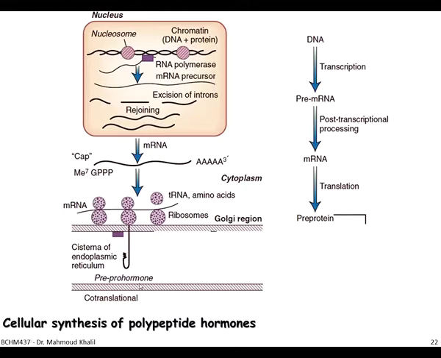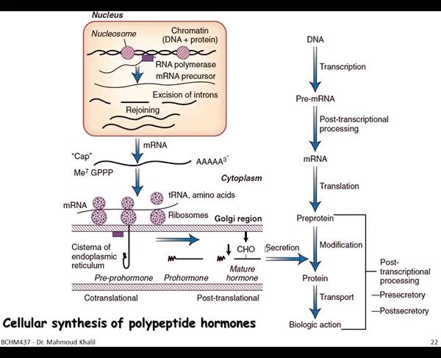It is still a non-functional hormone, and it needs to be processed in order to become functional. Inside the endoplasmic reticulum, it is converted from pre-pro hormone into pro hormone. Basically, a region of that hormone is excised or removed as a further step in the maturation of that hormone.